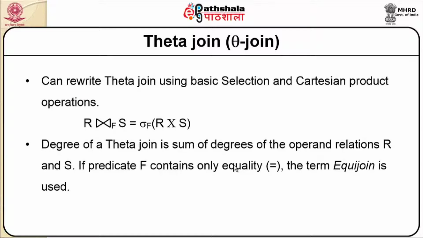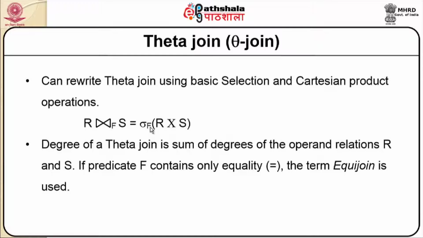This theta join can be rewritten using basic selection and Cartesian product operations, of the form R theta join S is equal to select, where sigma indicates select, R Cartesian product S with the same predicate.